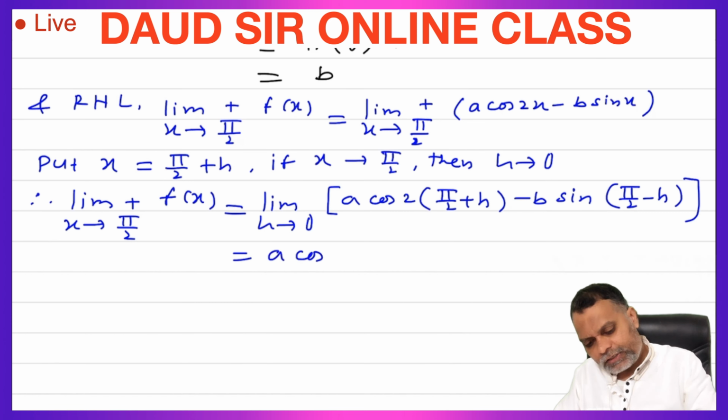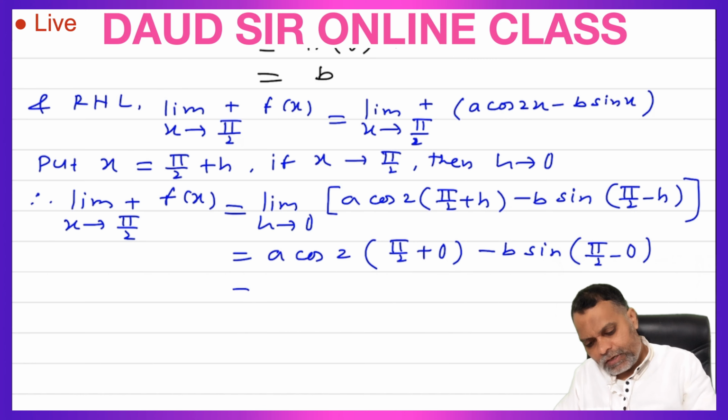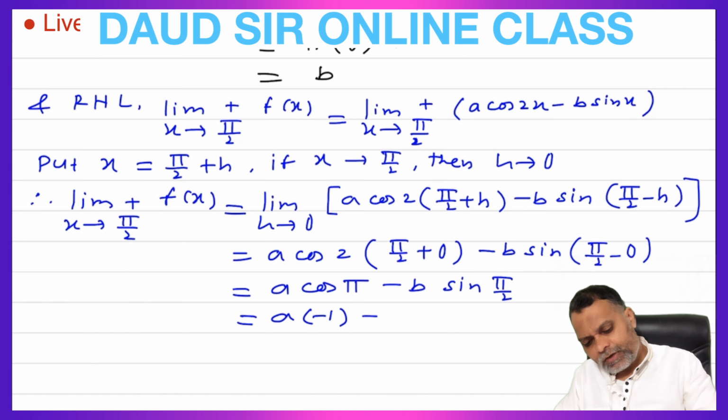A cos 2 into pi by 2 plus 0 minus b into sin pi by 2 plus 0. A cos, 2 multiplied by pi by 2, so this is pi, minus b sin pi by 2. A cos 180 is minus 1, minus b sin 90 is 1. So this is minus a minus b.